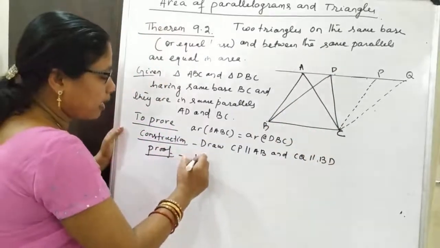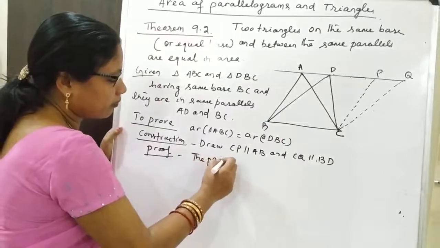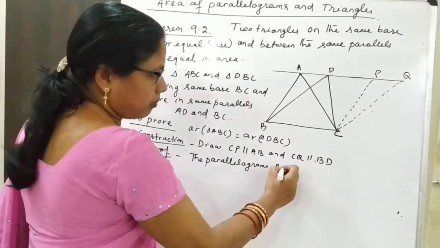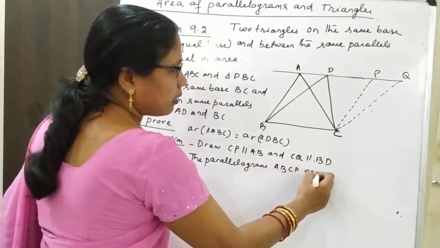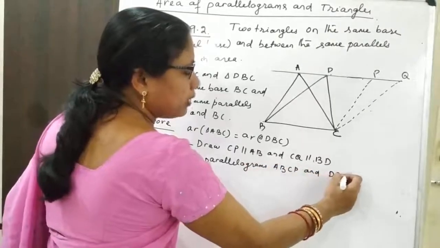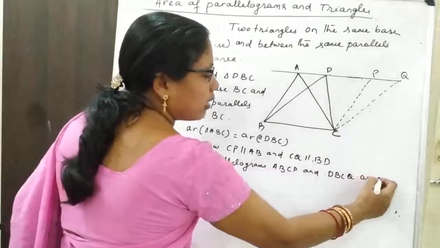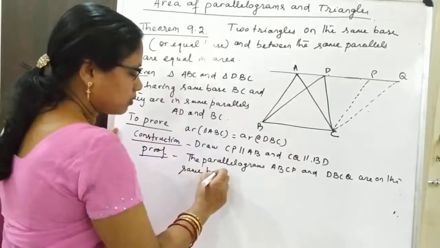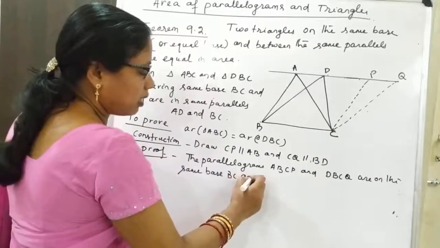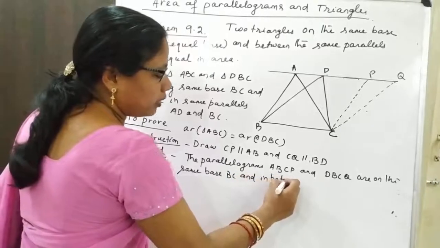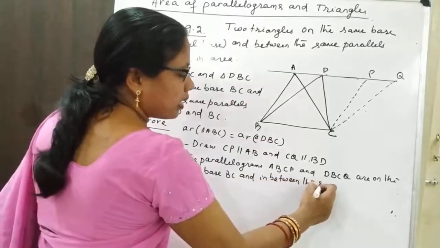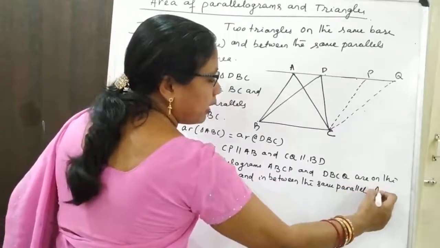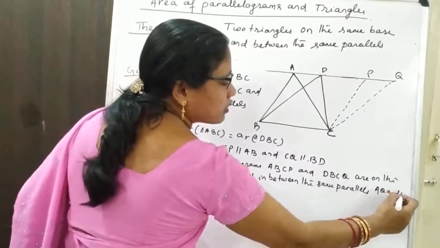So the parallelograms ABCP and DBCQ are on the same base BC and in between the same parallels AQ and BC.